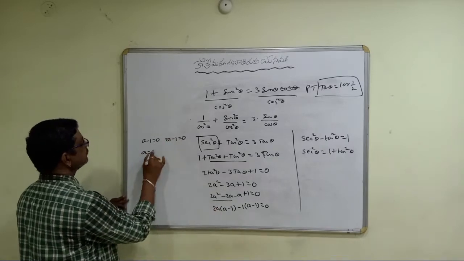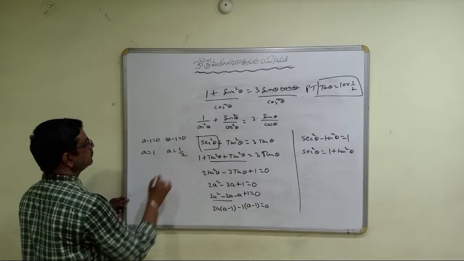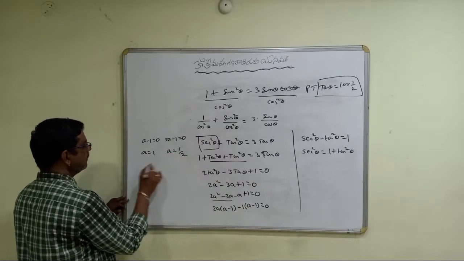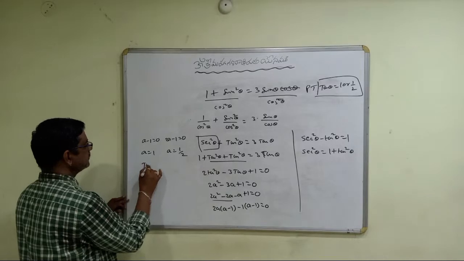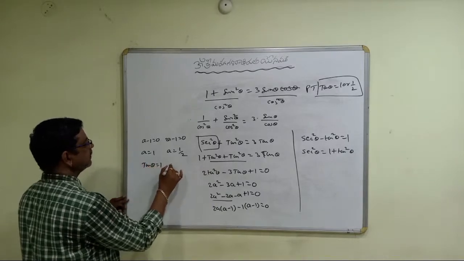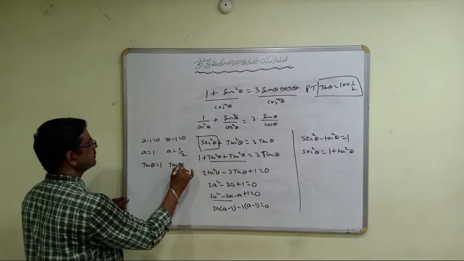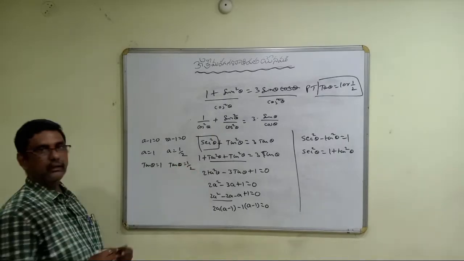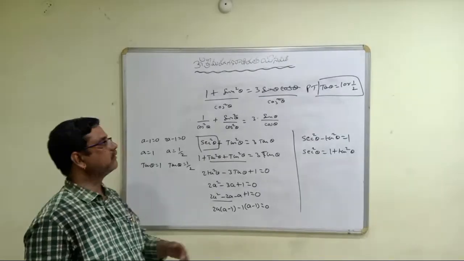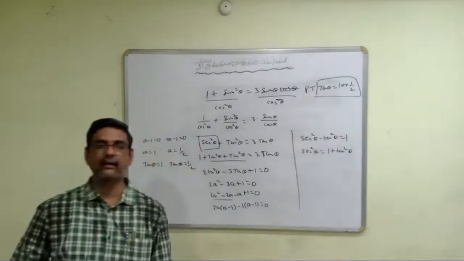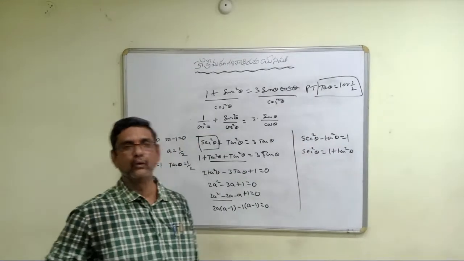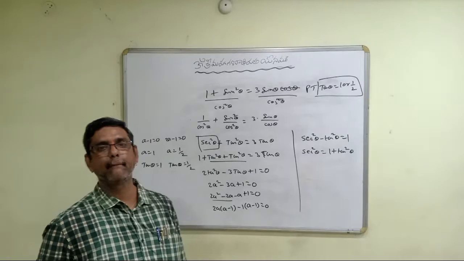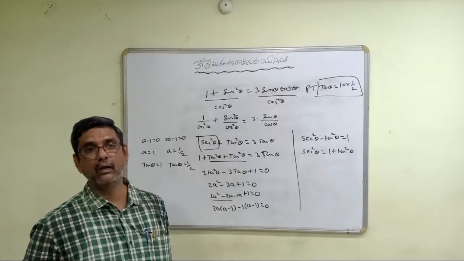Then a is 1 or a is 1 by 2. What is a? Yes, tan theta is 1 or tan theta is 1 by 2. What is asked? Find tan theta: 1 or 1 by 2. Okay? This is a very important model.